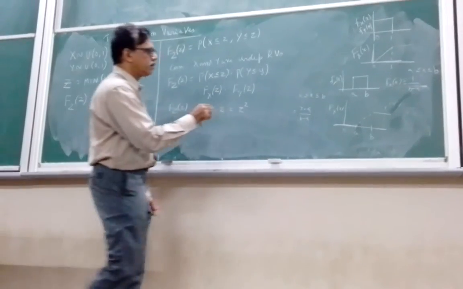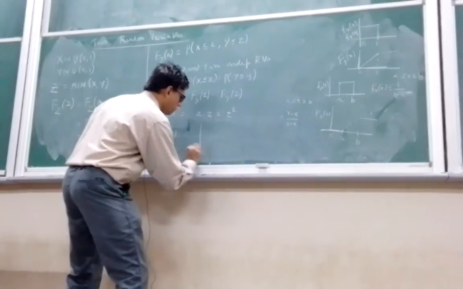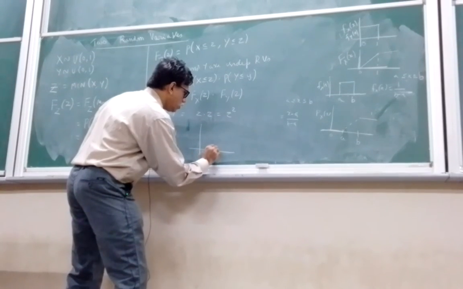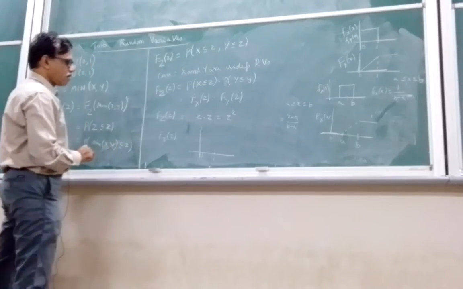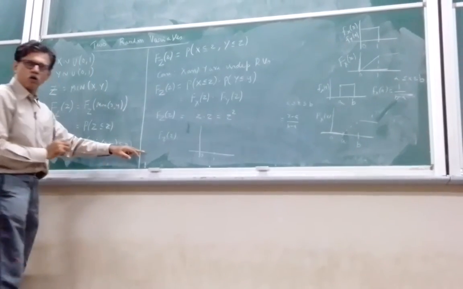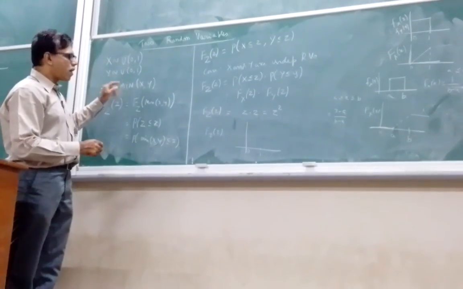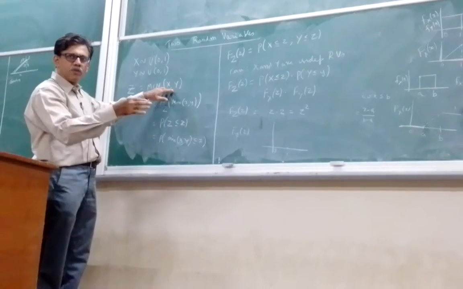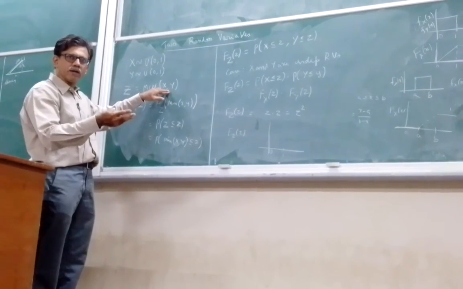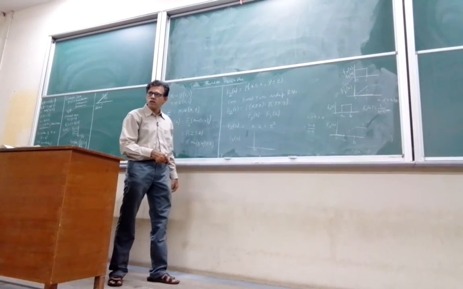So if you plot it, it will be 0 to 1. Of course, below 0 it will be 0 only. The minimum of X and Y are confined between 0 and 1, so the minimum cannot take any value below this.